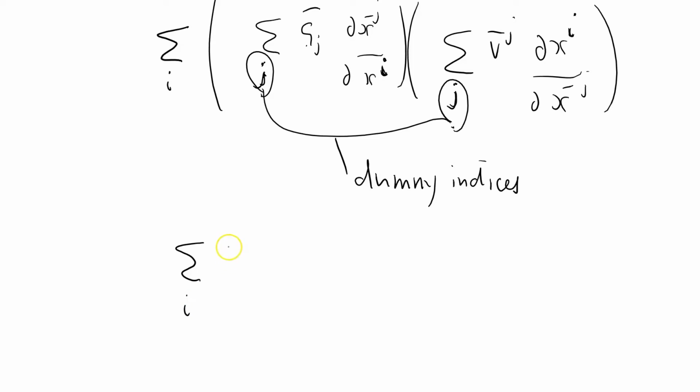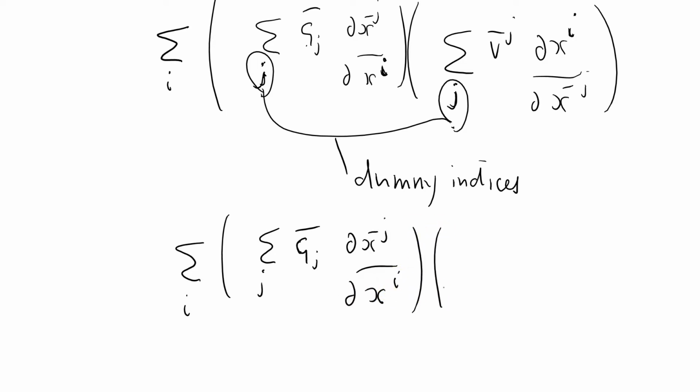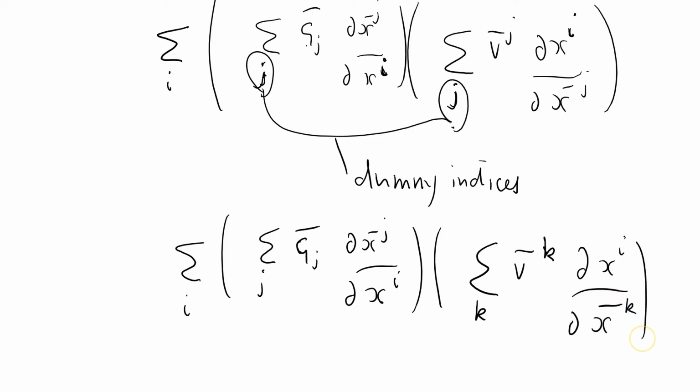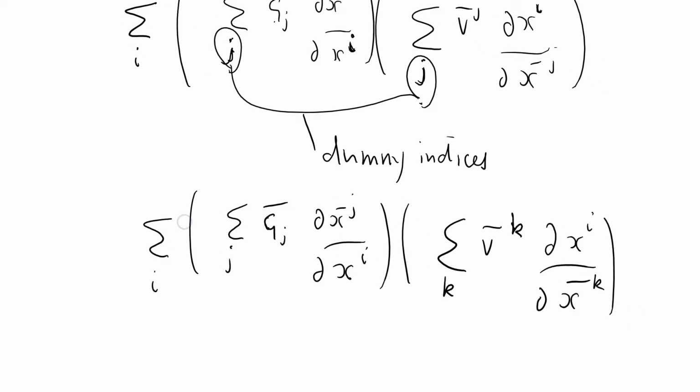Sigma over I, I'm going to leave this one, sigma over J, G_J̄, ∂ x̄^J by ∂ x^i, sigma over K, let me just write it down, that's going to be K, ∂ x^i by ∂ x̄^K. So all I've done here is write out the formula again, but I've changed the summation variable from J, which was interfering with this J and confusing me, and I've written it in K instead.